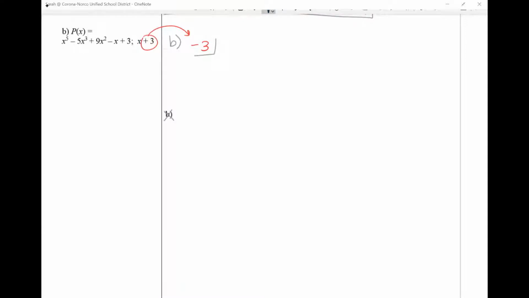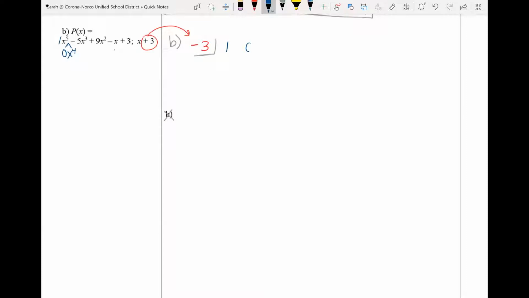And then we're going to list out our coefficients, starting with our leading coefficient of 1. That's on an x to the 5th. So we're missing an x to the 4th. So we're going to have a 1, then a 0. Then we have cubic, so -5. Quadratic is 9. Linear is -1. And then our constant is 3.